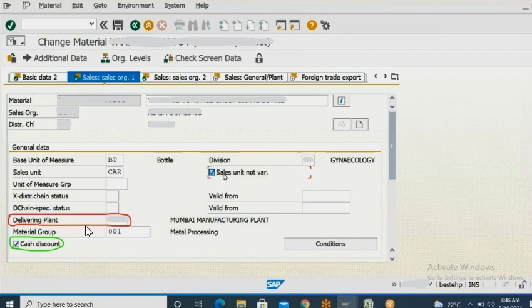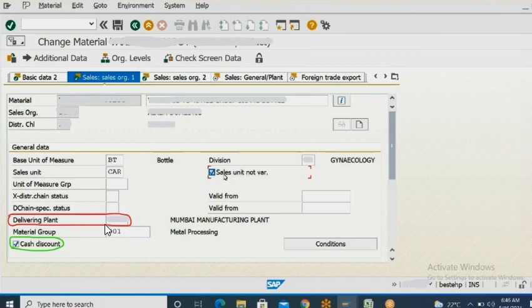So if you want to block the material for sales, maintain the date. Next is D chain specific status. This field will help to block the material for sales in a particular distribution channel. So this is for a particular distribution channel, and the previous one is across all distribution channels.